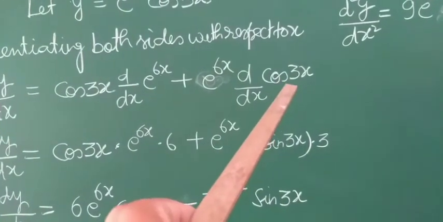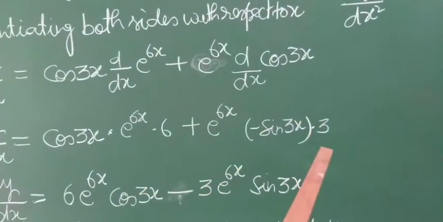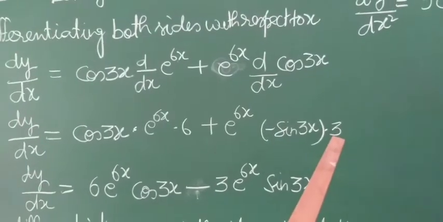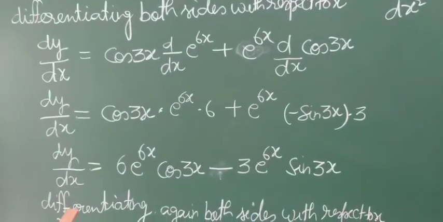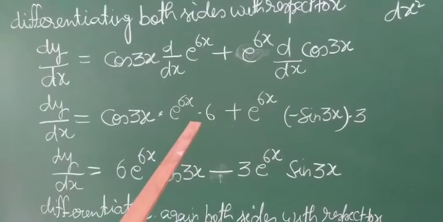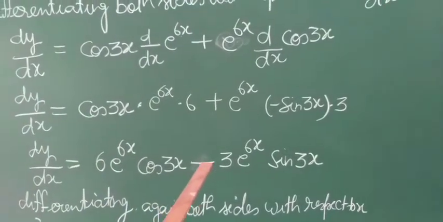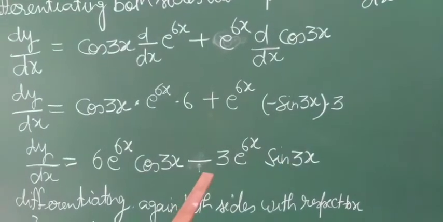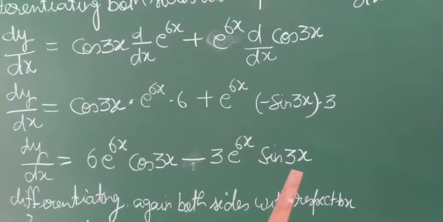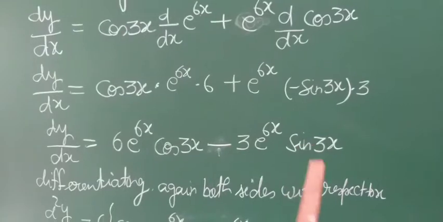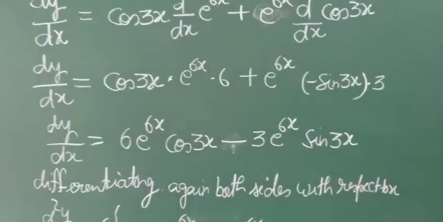Then students, the derivative of 3x is 3. Okay. So dy by dx equals 6 e to the power 6x cos 3x minus 3 e to the power 6x sin 3x. Okay, students. So this is the first order derivative.